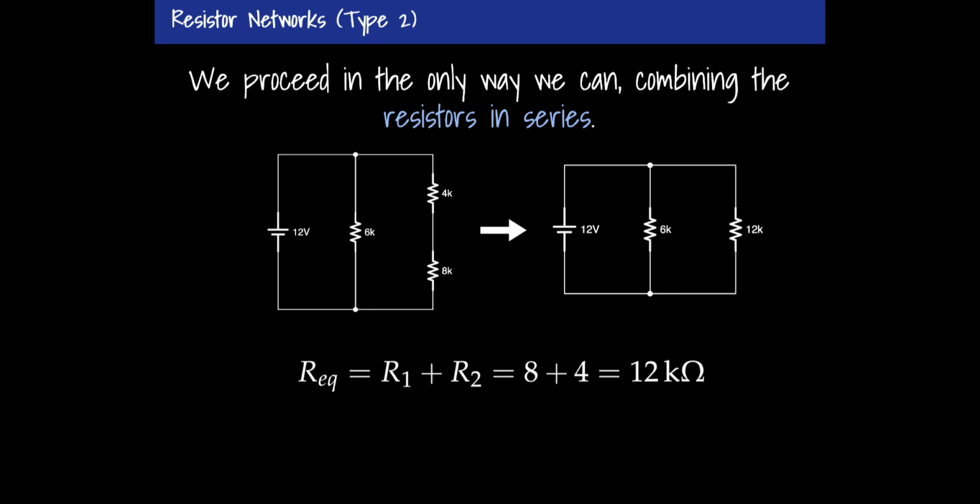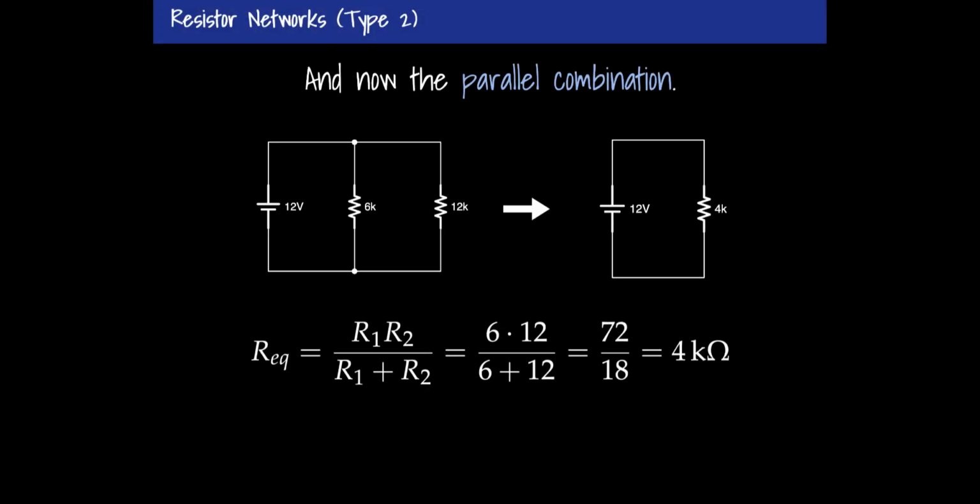And so I'll need my equation for parallel combinations where the equivalent resistance is R1 R2 over R1 plus R2, which in this case is a 6 times a 12 divided by a 6 plus a 12, is 72 over 18, is 4 kilo ohms. And so I took that resistor network, which is quite complicated, and I whittled it all the way down to a single circuit that has a 12 volt battery and a 4K resistor in it.